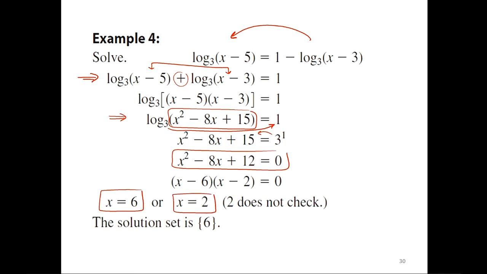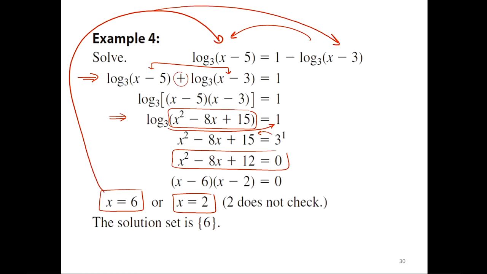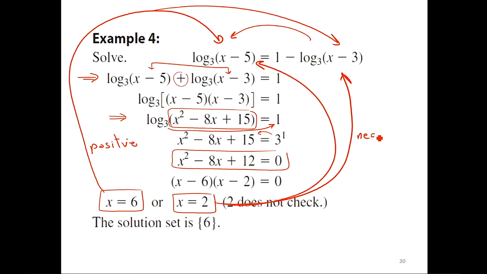And a logarithm function or logarithm equation must be checked. So if we check the 6, this is positive, and here positive. But when we substitute 2 here or here, we have negative inside the log base 3.